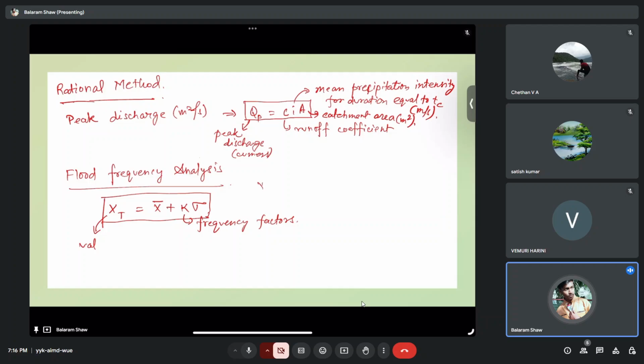Similarly, in the case of flood, the most commonly used probability distributions are the normal distribution, but still it's not much used. Then we have Gumbel's distribution, which is one of the extreme value distributions. Then we have the log Pearson type distribution, and so on. So these are the most commonly used.